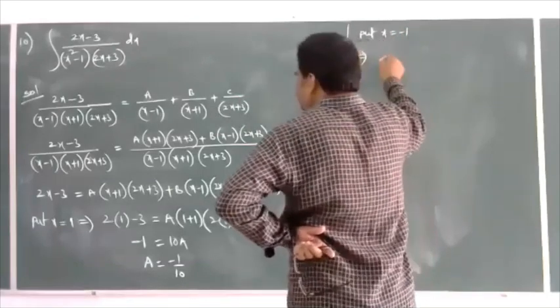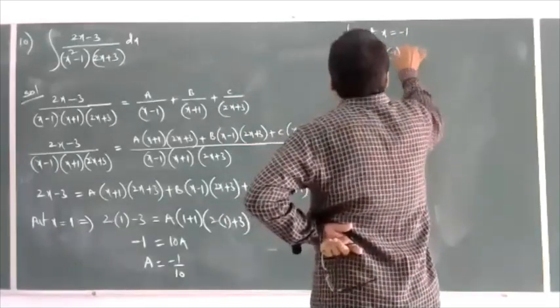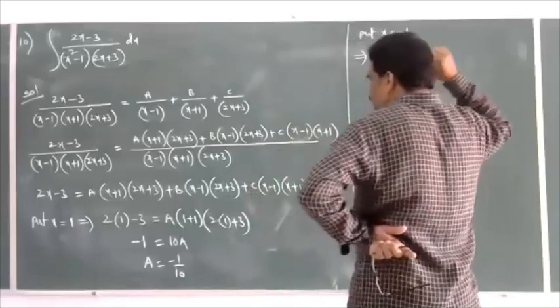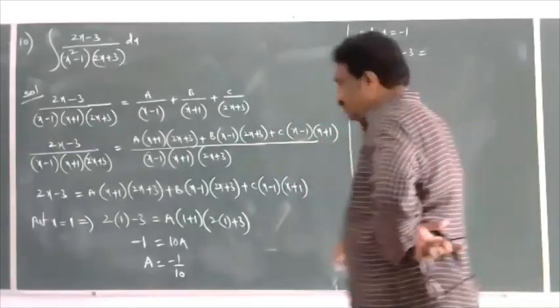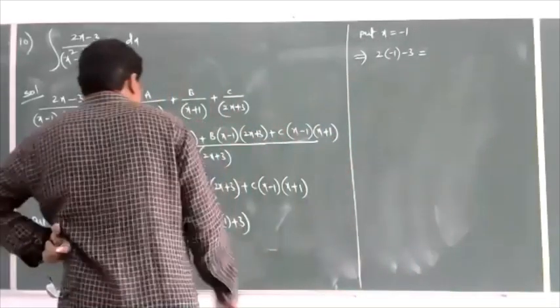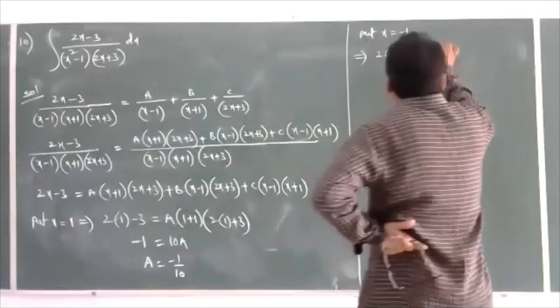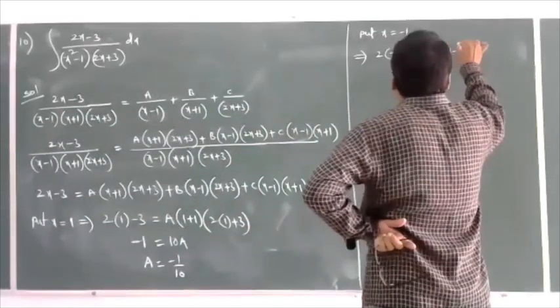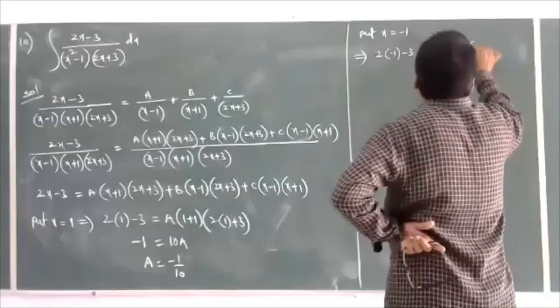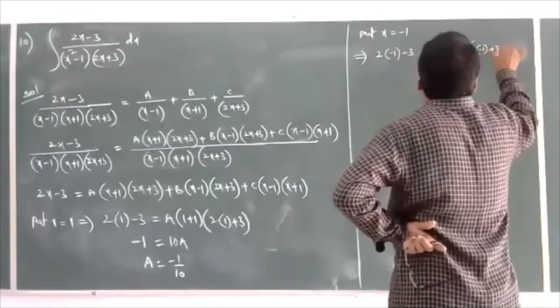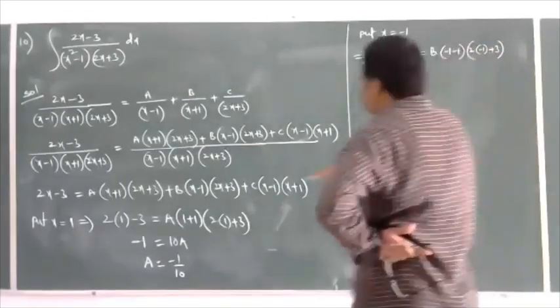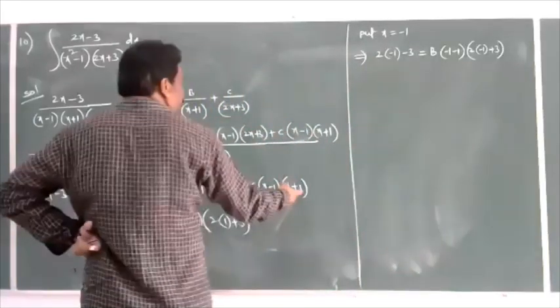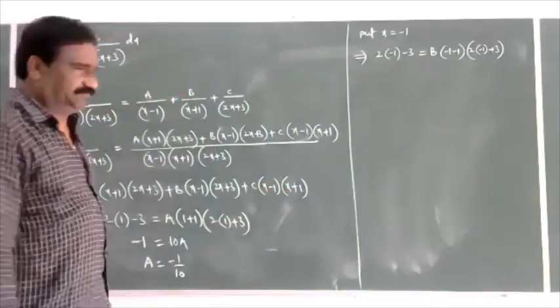Put x is equal to minus 1. That implies 2 into minus 1 minus 3 is equal to, the first term is 0. In the second term, b into minus 1 minus 1, into 2 into minus 1 plus 3, plus c into minus 1 plus 1, this term also 0.